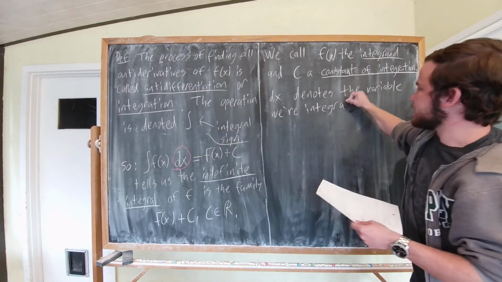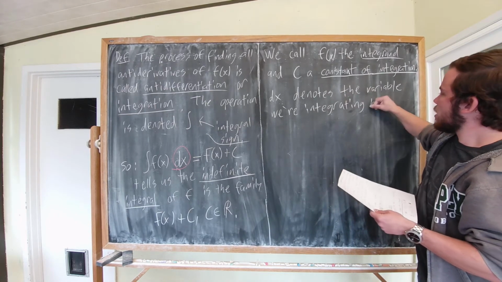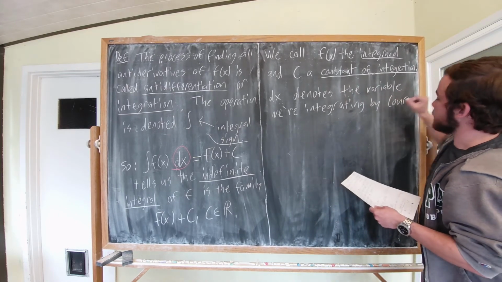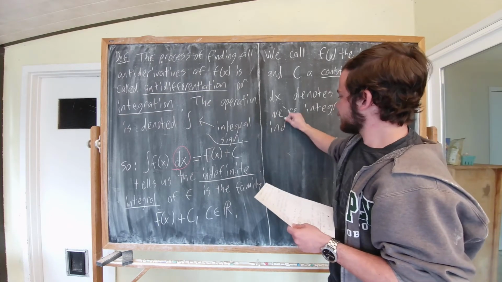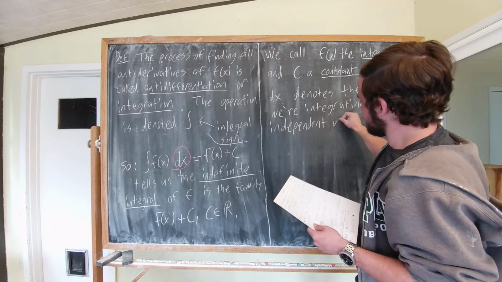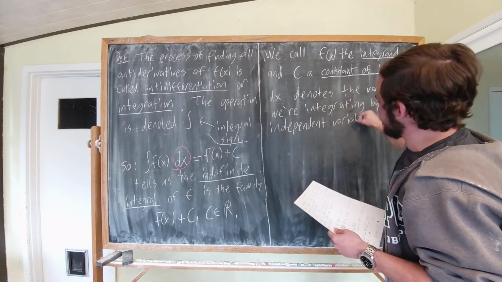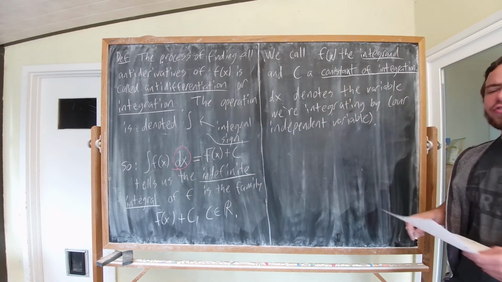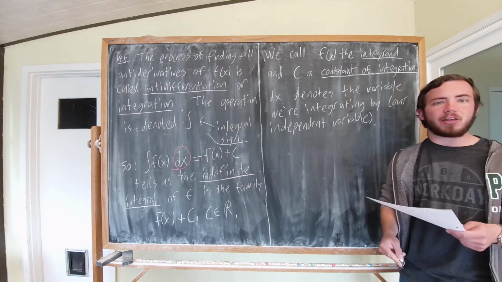In other words, it denotes our independent variable. And you might say, that's stupid. Why isn't it always just x? Why are we bothering to write that?